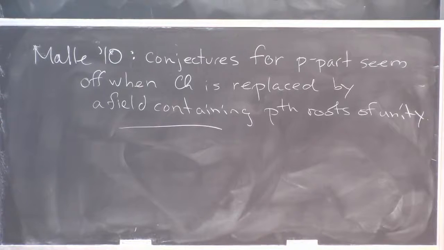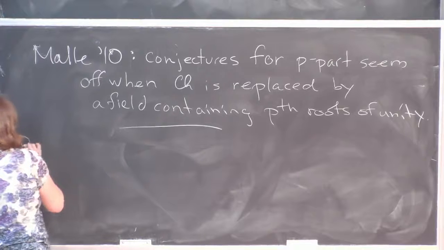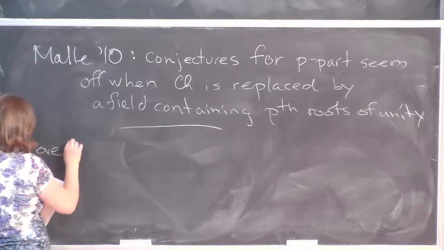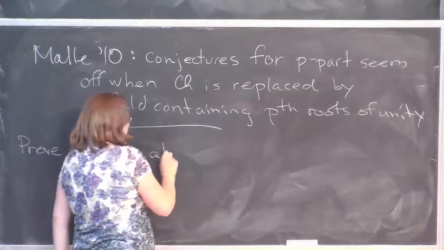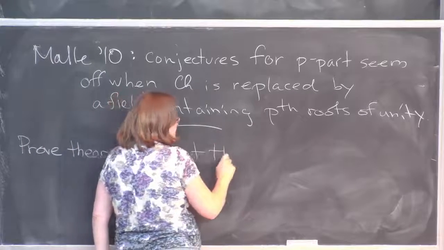All right. So what I'm interested in doing, to understand for different kinds of fields which parts of the class group behave in this uniform way and which have different behavior, is that I want to prove theorems about these averages.